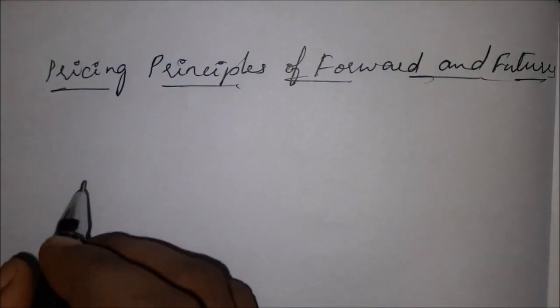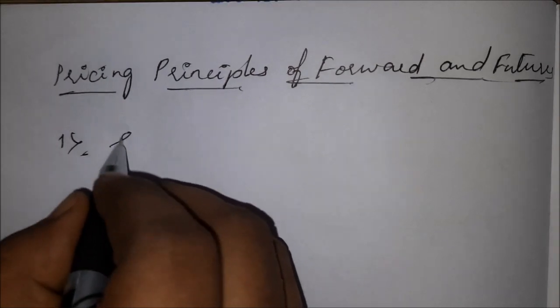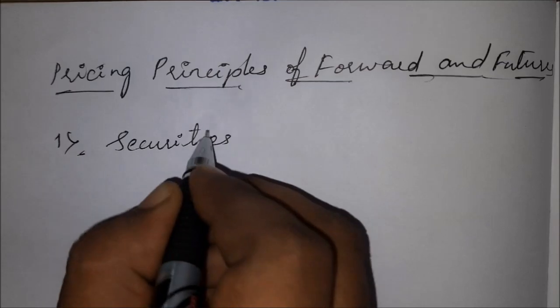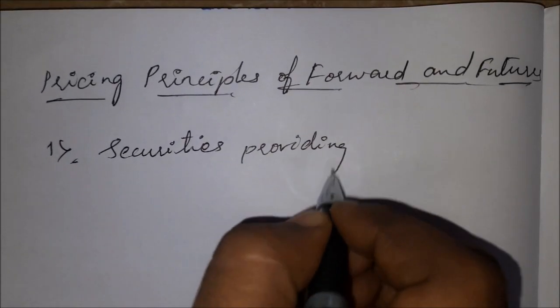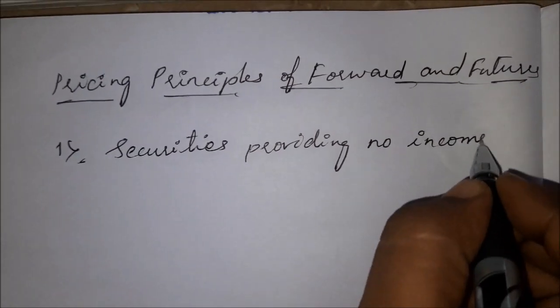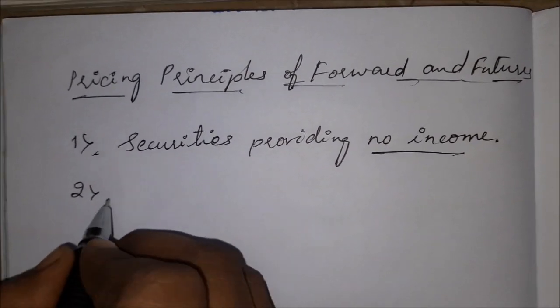There are three methods when this future and forward price is calculated. First method is when securities provide no income. At that time, which formula we have to use, I will tell you later.